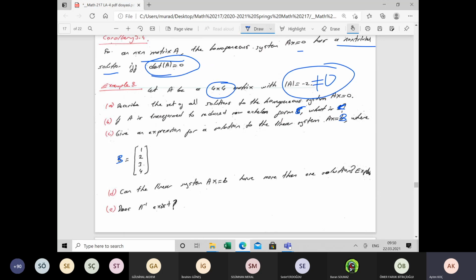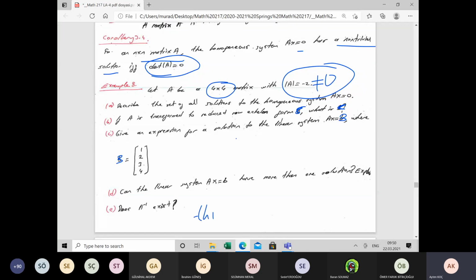But this one is non-zero, which means we get only the trivial solution. So this homogeneous system has only the trivial solution.